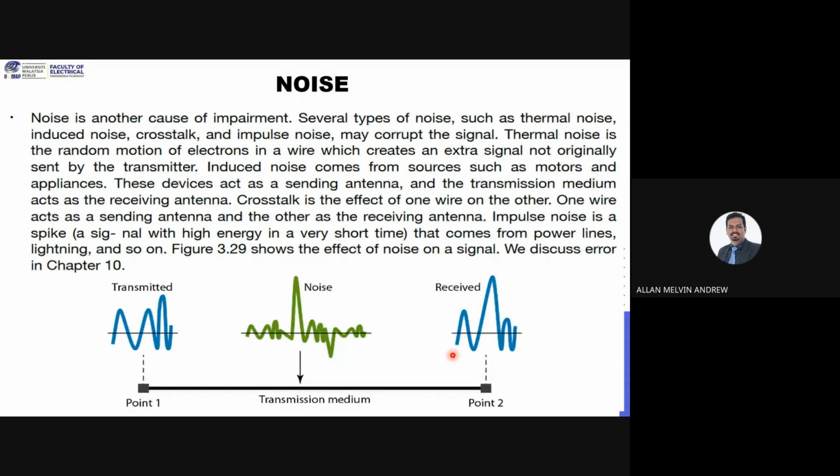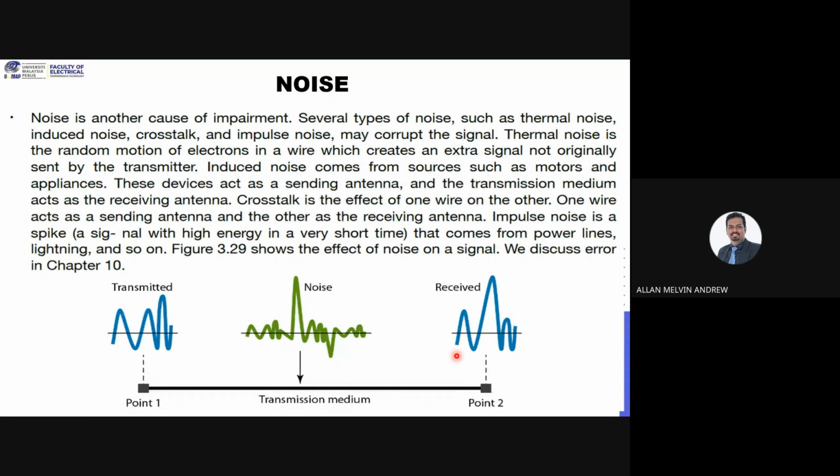Okay, so those are the three things that we saw: attenuation, distortion, and also noise, which can affect your communication. So when we are designing a system, we need to make sure we minimize all these effects.